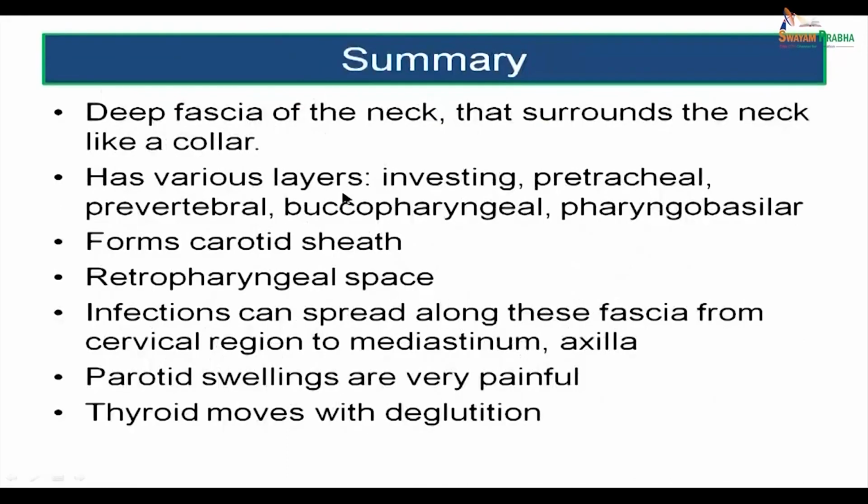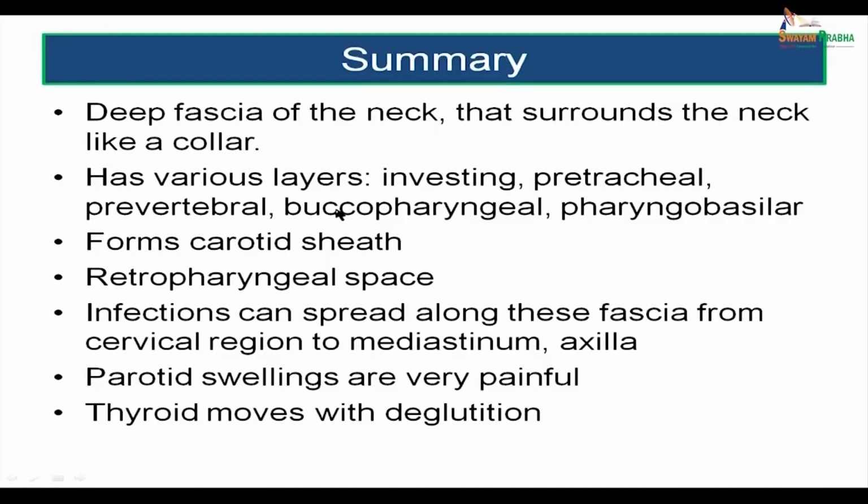With that, I end the topic by summarizing that the deep fascia of the neck is like a collar which surrounds the neck. It has various layers like the investing layer, pretracheal layer, prevertebral, buccopharyngeal, pharyngobasilar. It forms the carotid sheath. The retropharyngeal space is an important space there, and infections can spread along these fascia from the cervical region to the mediastinum or to the axilla.